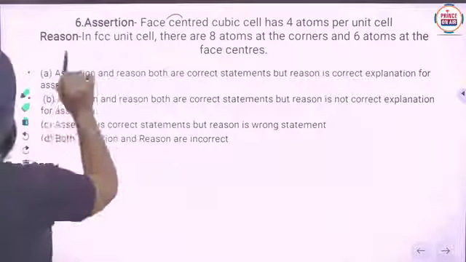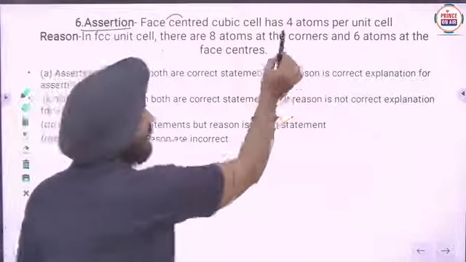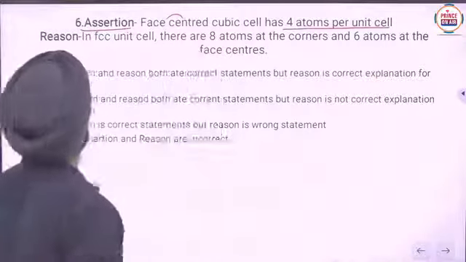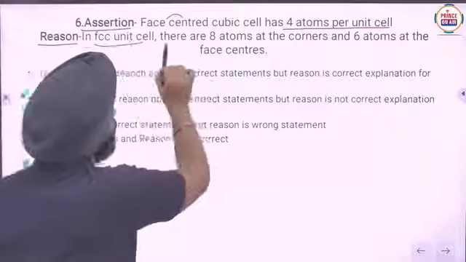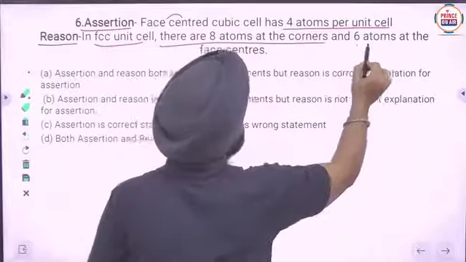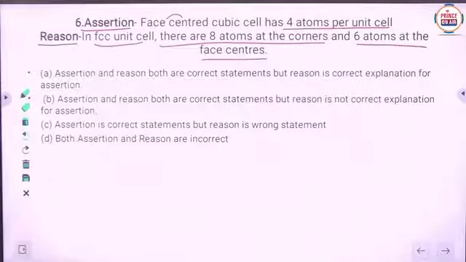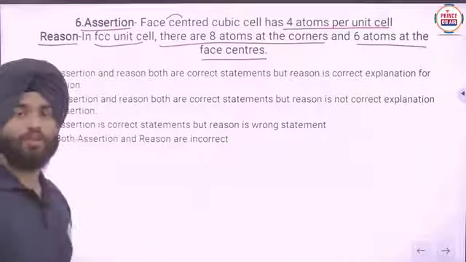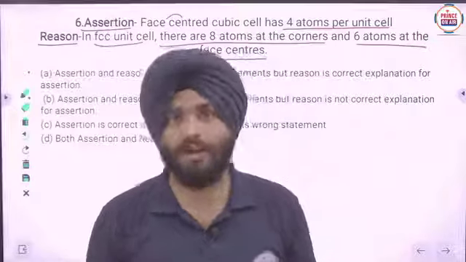Assertion: face centered cubic cell has 4 atoms per unit cell. Reason: in an FCC unit cell there are 8 atoms at corners and 6 atoms at the face centers. So now you have to tell me the answer. Which option is right? Is the assertion right or wrong? Yes, the assertion is right.